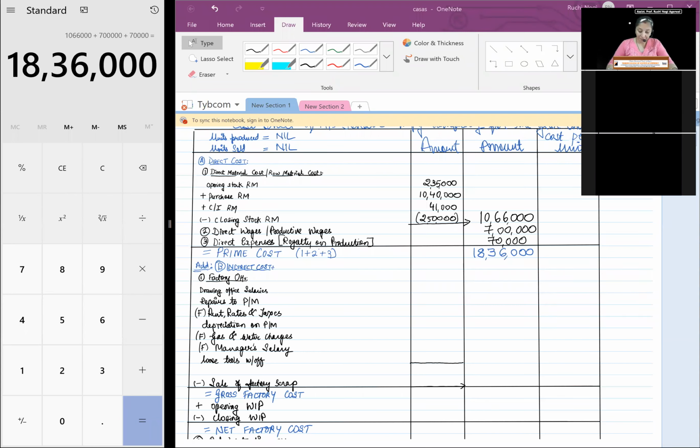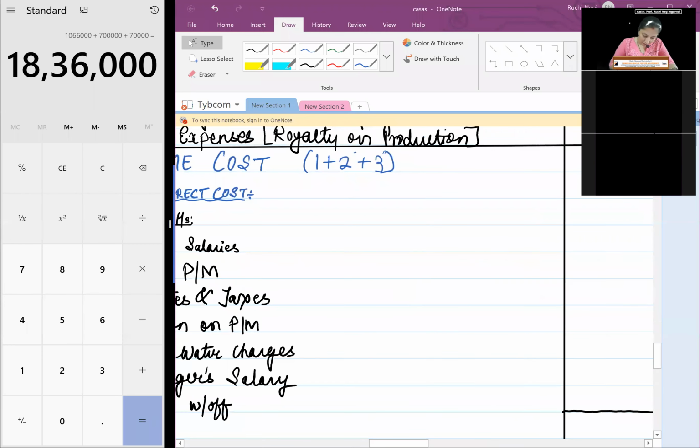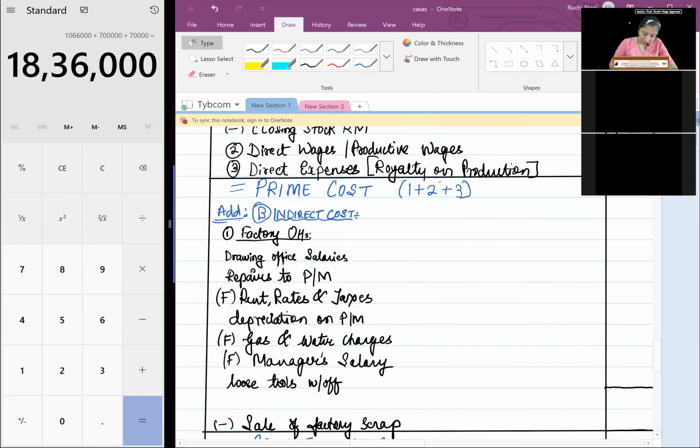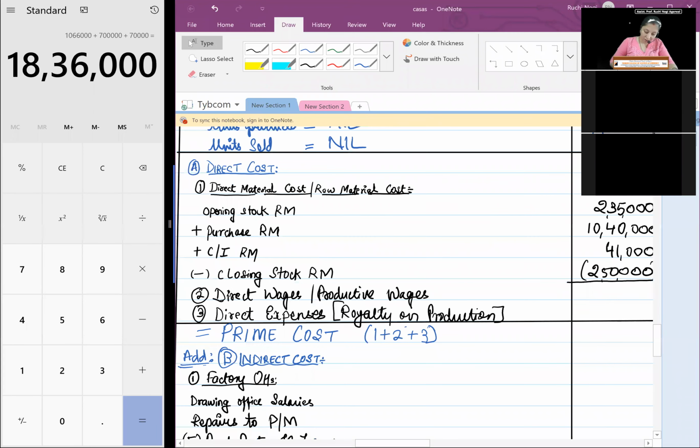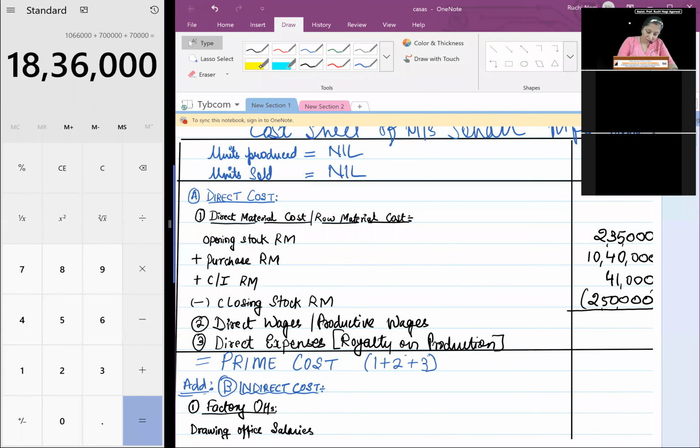Okay. Next, factory overheads. So my prime cost is done. So this was my direct cost. So my direct cost is what? Direct material plus direct wages plus direct expenses will give me prime cost.